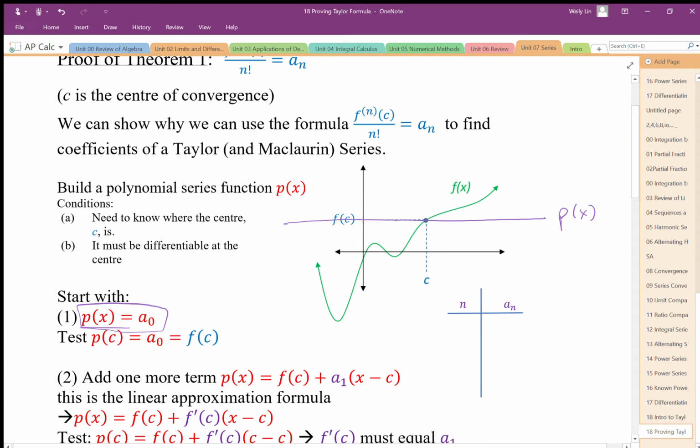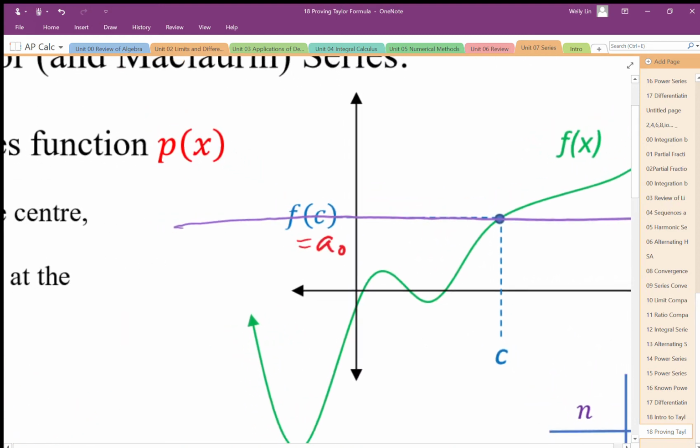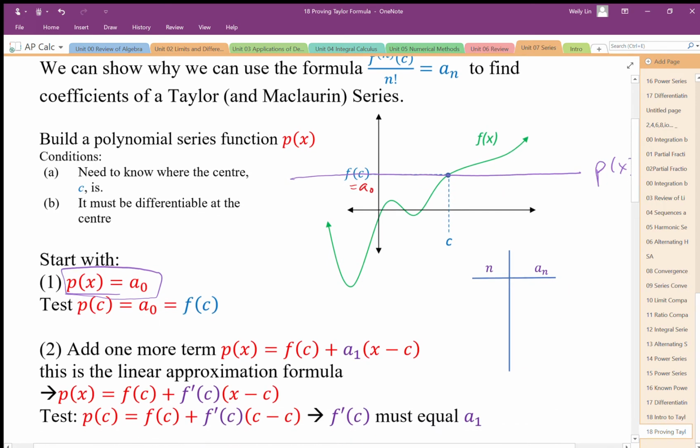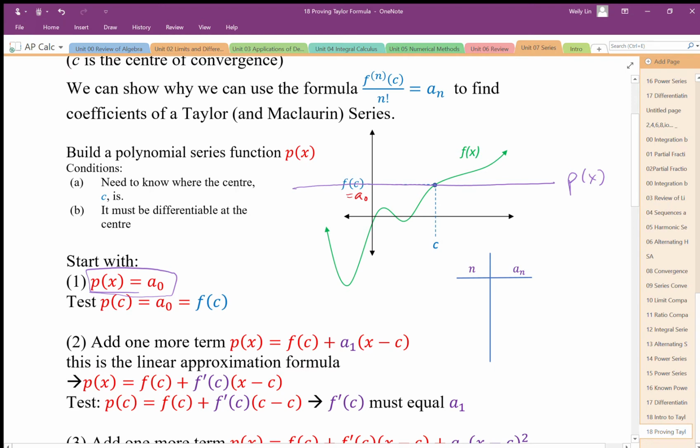Maybe I'll write that into my picture here. So f of c is equivalent to a0. f of c and a0 are the same coordinate. There's my polynomial. Not great, but it certainly does work.